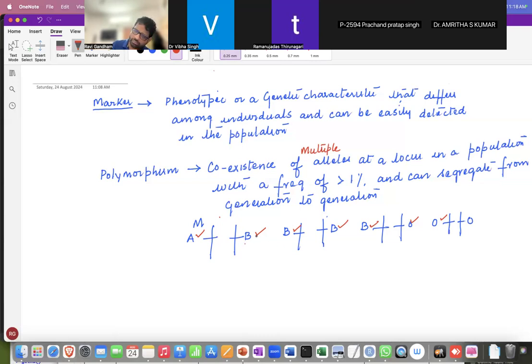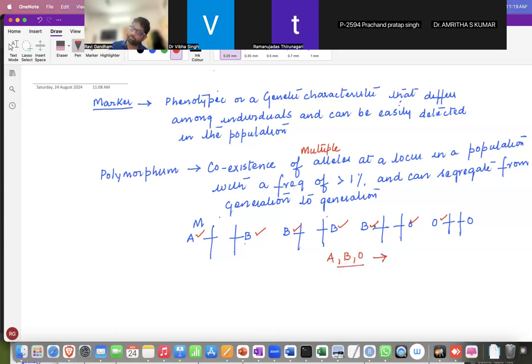And sorry guys, don't mistake me that the blood group is present on the sex chromosomes. No, I'm just referring to alphabets. Now, you have A and B and A, B and O. So you have A, B and O alleles that are present at the same locus and they are existing.